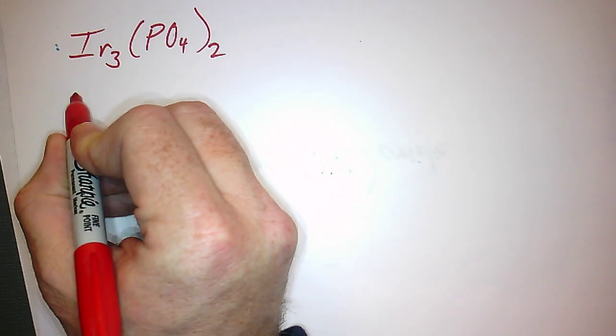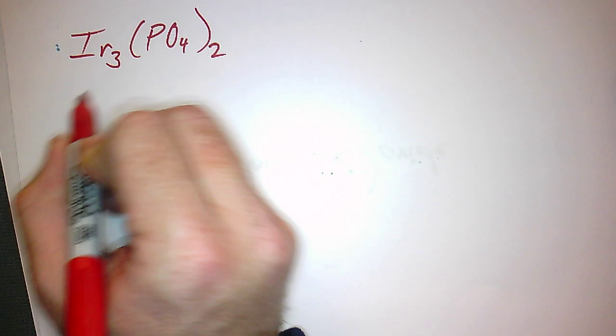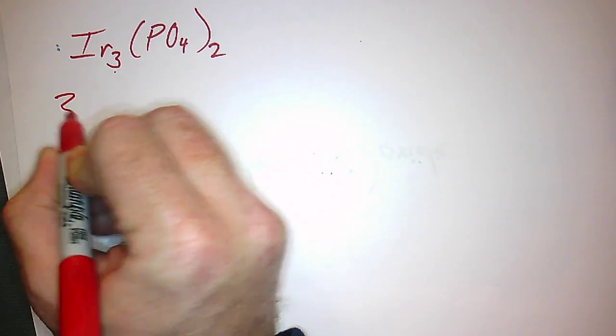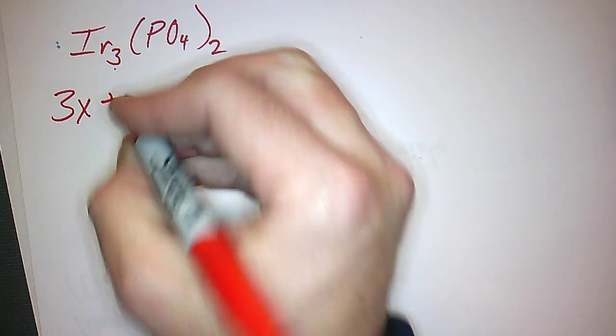So how would I write the little algebraic formula? 3x, yeah, there you go, plus, this is where it gets tricky, it would be 2. Very good.